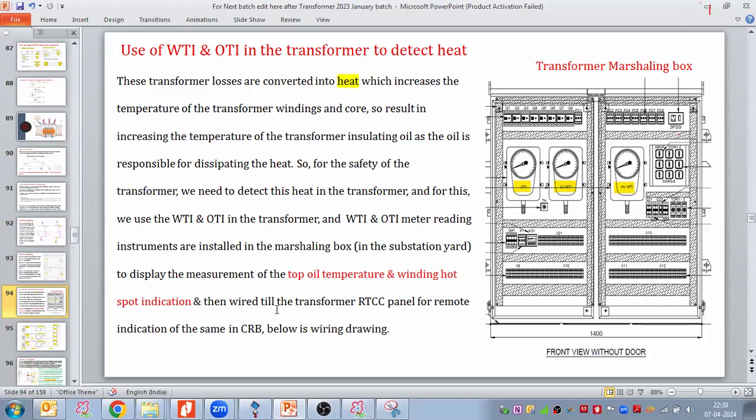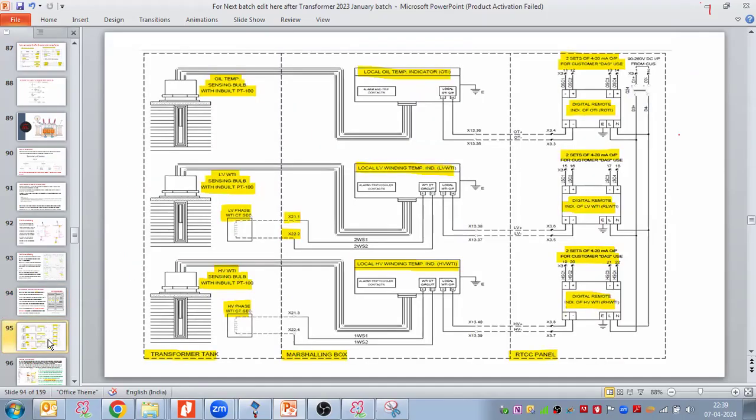And then these WTI and OTI are wired by cable till the transformer RTCC panel. From the RTCC panel, we are taking cable for remote indication of the temperature inside the control building, and we can see the wiring diagram as well.